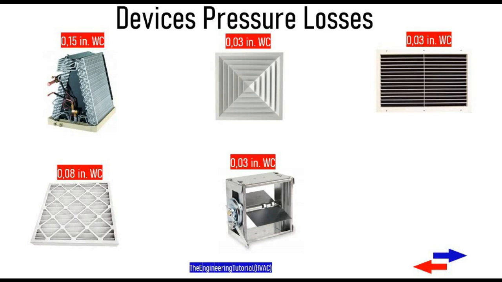We can start adding different features but with a lower associated pressure drop. For example, evaporator coil with 0.15 inch of water column, filter 0.08, dampers 0.03, supply diffusers 0.03, and return grills 0.03 inch of water column.